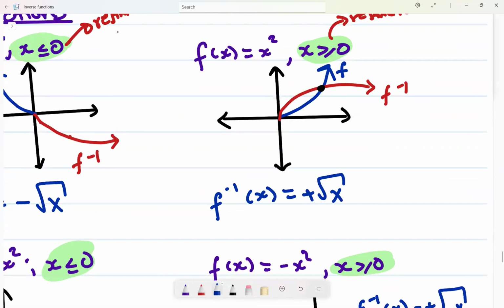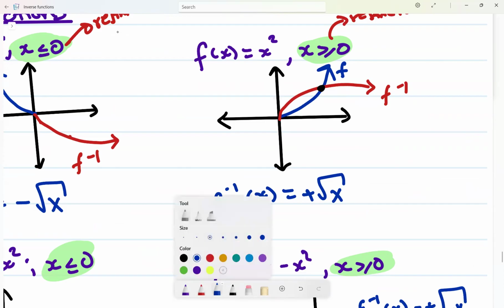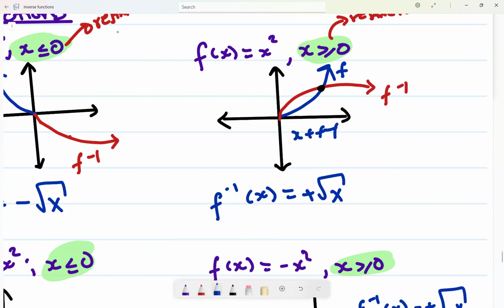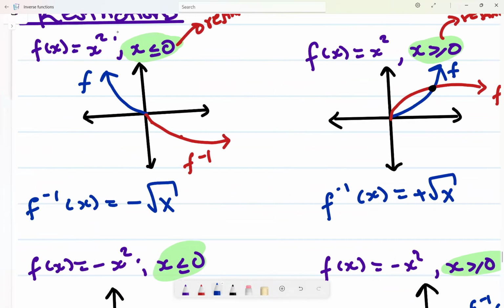Here, we wanted where x are greater than 0 on f, but it means on the inverse, we are looking where y is greater than 0. Can you see now here, the x are positive, positive, positive. That satisfies this. But we need for the inverse, the y to be positive, like that. Here, why is it vice versa?